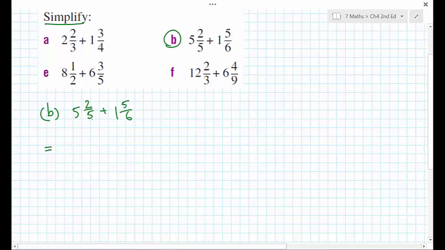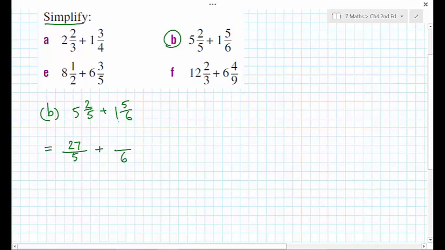So basically this fraction here, I'm going to put it all over 5 as an improper fraction. To do that, I go 5 times 5 is 25, plus 2 is 27 over 5. I then add on this one here, which I'm going to put over 6.